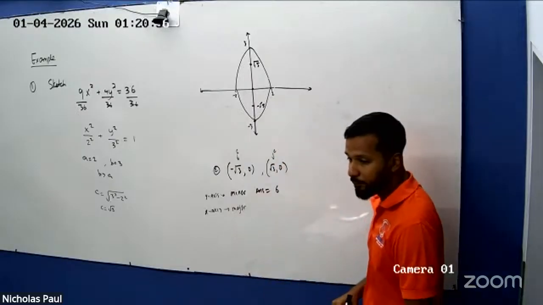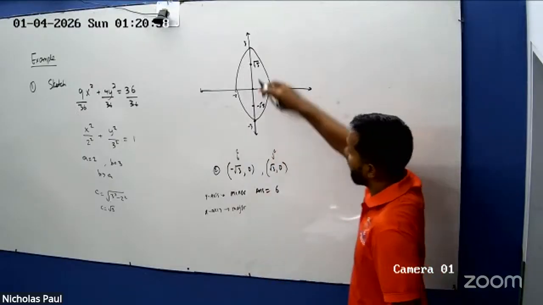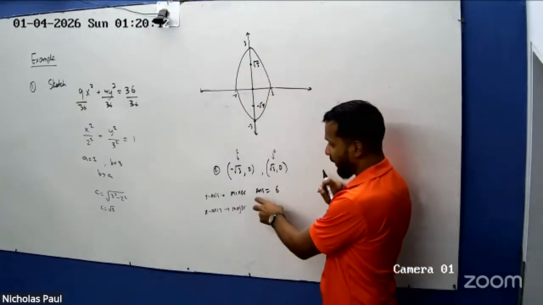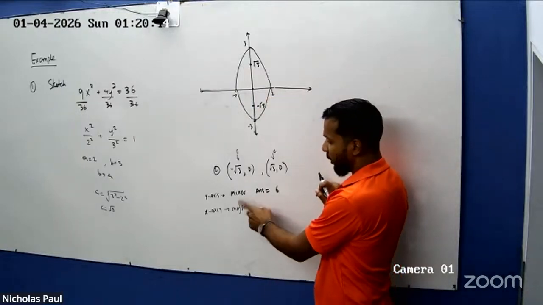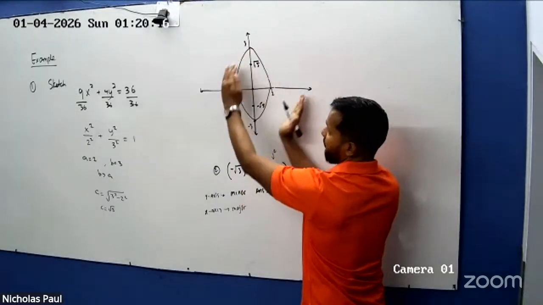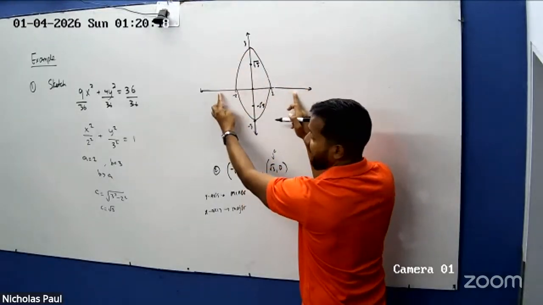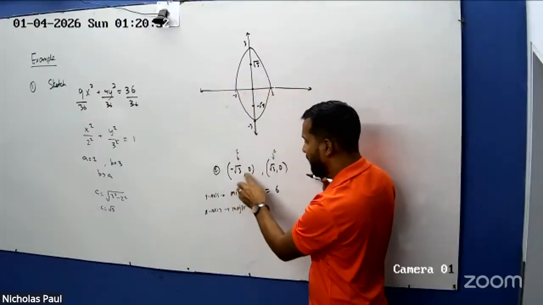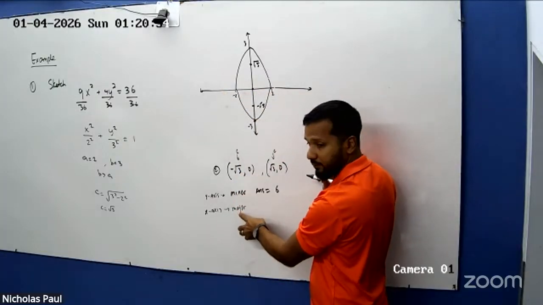For this question the major is the other way around, so the graph will be like this. The major is here, because we know where the foci are. The foci are always on the major axis.